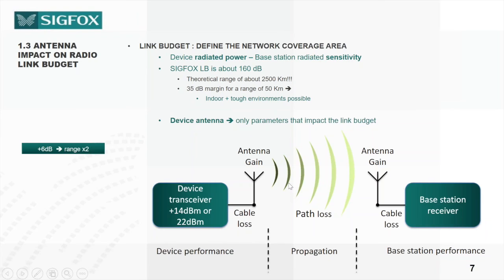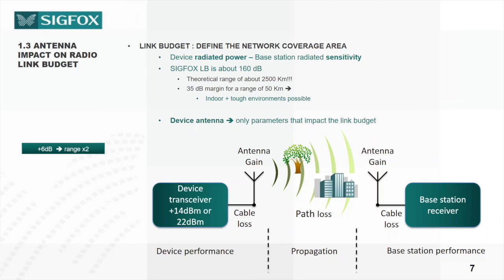But in reality, we know that the path loss might be impacted by trees or buildings that will decrease basically this link budget, this distance or this range.